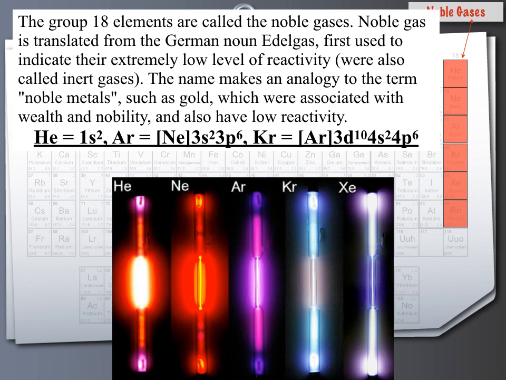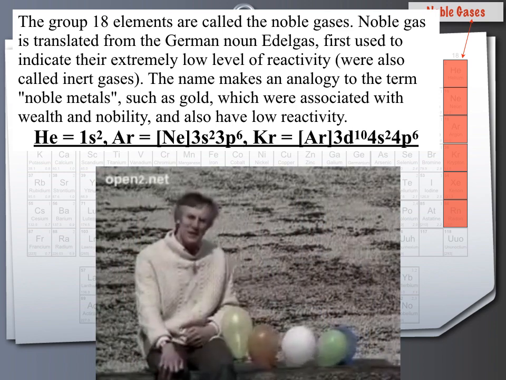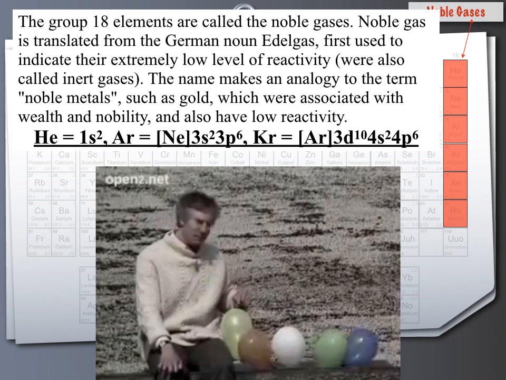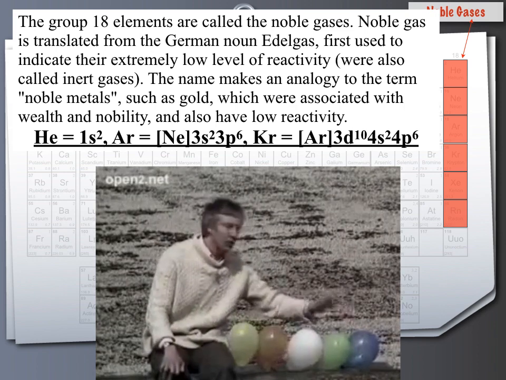Argon is number 18. So whoa, wait a minute. What is this neon 3s2, 3p6? What is this argon 3d10, 4s2, 4p6? Well, here are 5 of the 6 noble gases: helium, neon, argon, krypton, and xenon.